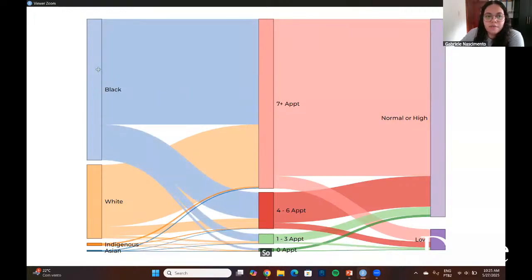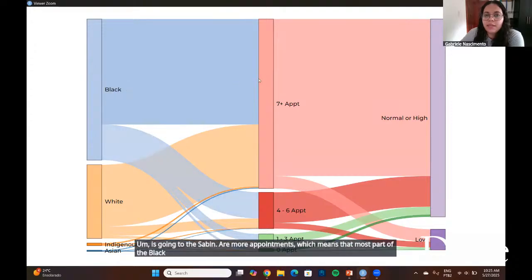So here, on Black, for example, we have that the biggest part is going to the 7 or more appointments, which means that most of the Black moms had 7 or more appointments.